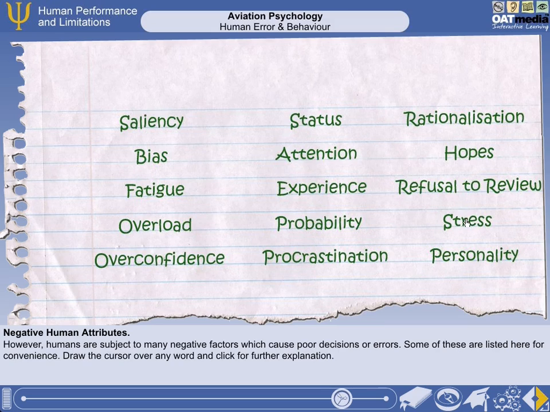Refusal to review, this worked last time. Stress has many causes, such as a lack of time, personal problems, or work conditions. Personality, differences between crew can cause friction and poor decision-making. We will look at this topic in greater detail later.